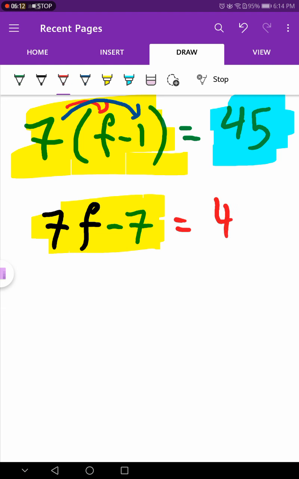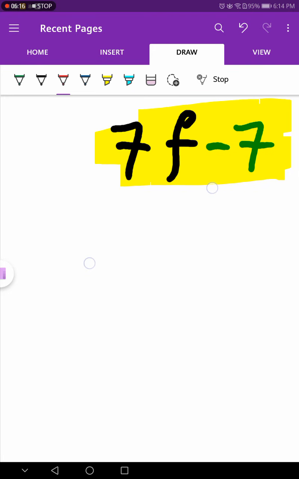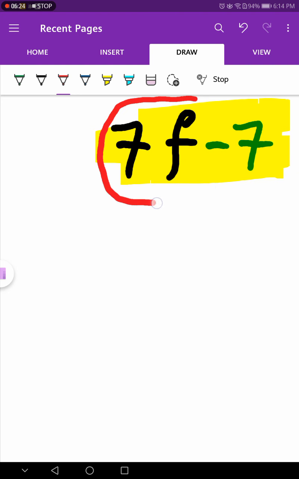Now here I have to make the f alone. We said don't look at the number that is stuck with the letter, but look at the other number, which is negative 7.